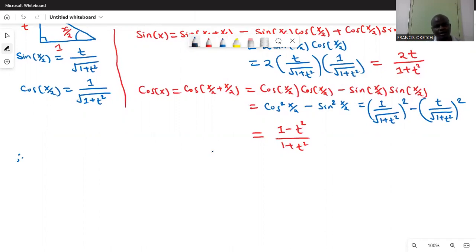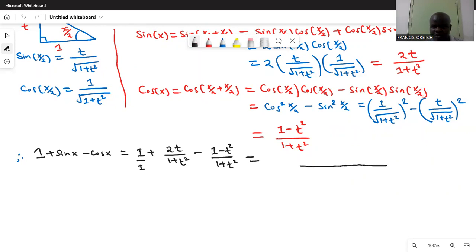Therefore 1 plus sine x minus cos x, that's the denominator in our integrand, is the same as 1 plus sine x, we got there 2t over 1 plus t squared, minus cos x, that is 1 minus t squared over 1 plus t squared. So remember 1 is the same as 1 over 1. So I want to combine this into one fraction. So you'll find the LCM. Our LCM is 1 plus t squared.